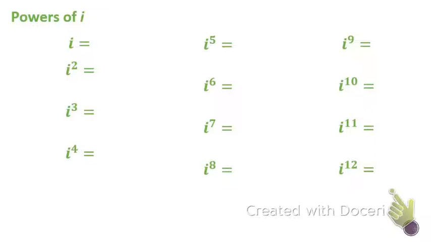Okay, so i is just equal to i. i squared equals -1.